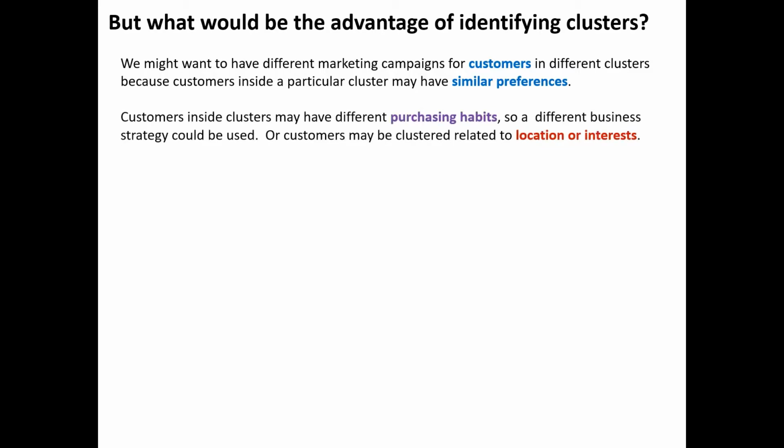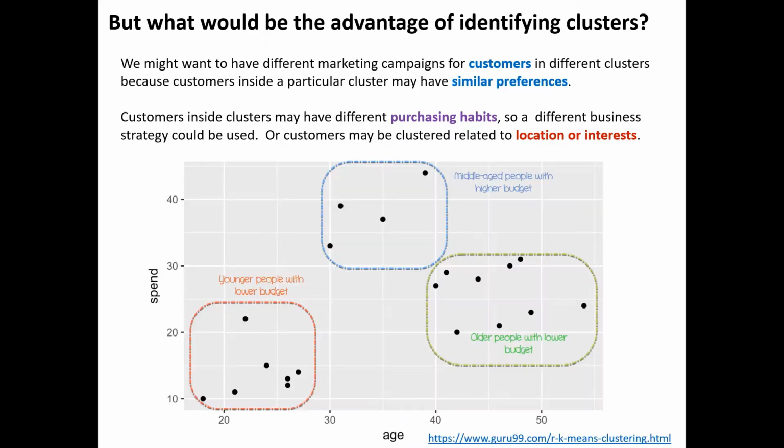Or maybe they have different purchasing habits, and so different business strategies could be used. Or maybe customers might be clustered related to location or even interests. And then a different marketing campaign could be used with them, or just different ways to communicate, or different strategies would be used for the different clusters.